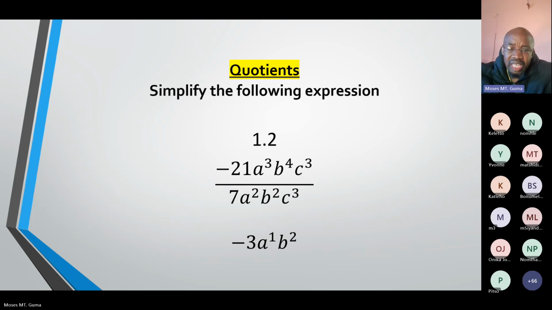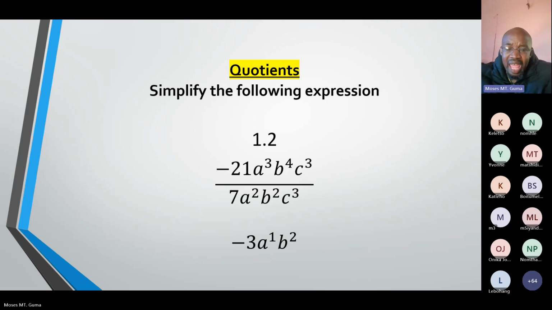Now, c to power 3 divided by c to power 3. Now, I want to show you something here because some of you are going to say, where did the c disappear to? Let's do this, okay? It is c to power 3 minus a 3 there. Now, that would be 3 minus a 3, which is a 0.